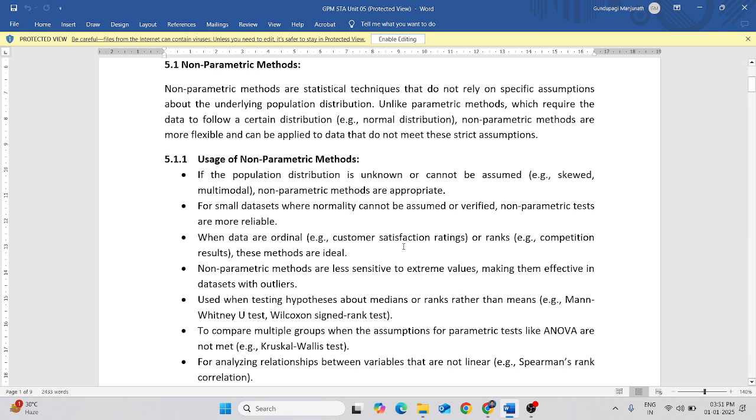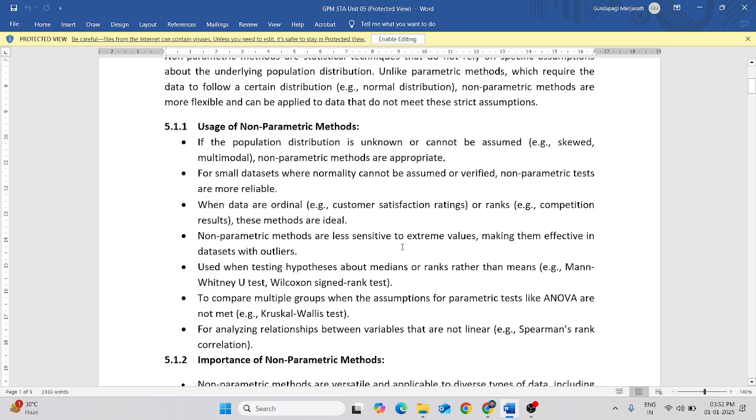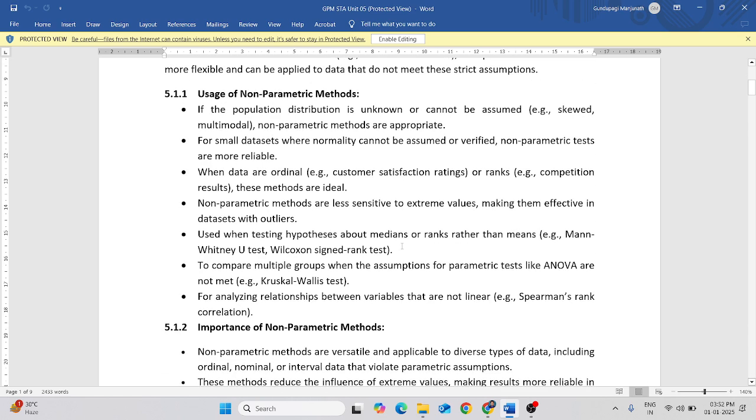Most of the time we use non-parametric tests for testing hypotheses. Another big usage of the non-parametric method is that we can compare different groups when the assumptions for parametric tests like ANOVA are not met.